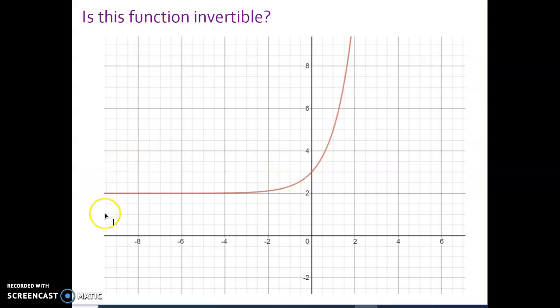Okay, so think about this part. In an exponential graph, what's really happening here? Is the graph touching the y equals 2 line right here? No, that's an asymptote. Remember, it never actually touches the line. It gets closer and closer and closer, but it never actually reaches it. So it might look like this one is not invertible.